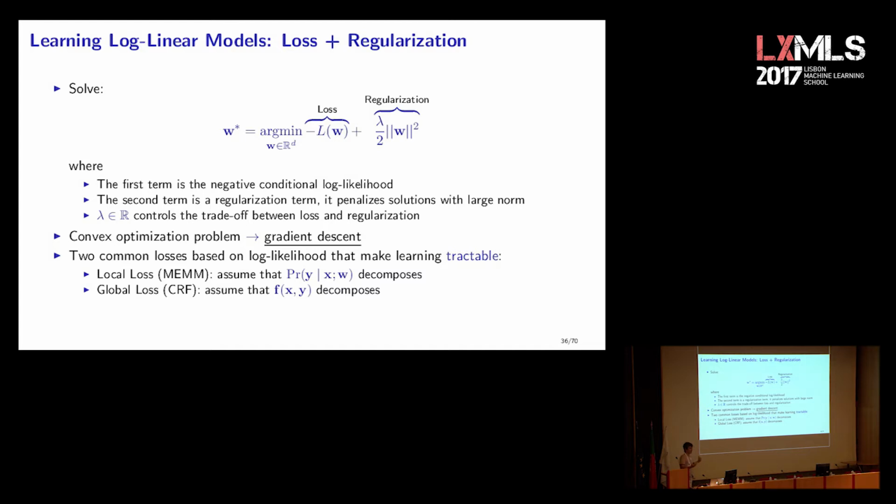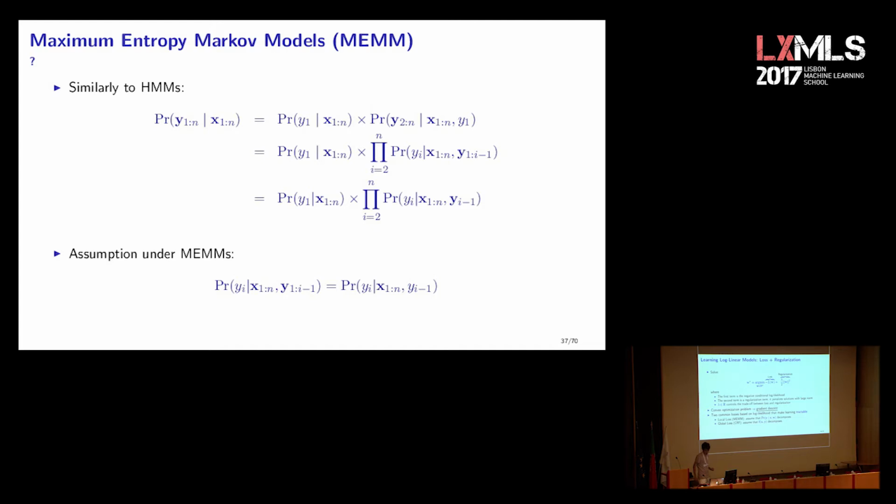One way to describe CRFs is as log linear models that use a global loss. I think the concept of local and global loss is an important one, so I'm going to describe quickly what this means. That way, we know what a CRF is versus a local loss. Maybe I'll try to give you a picture of how that works.